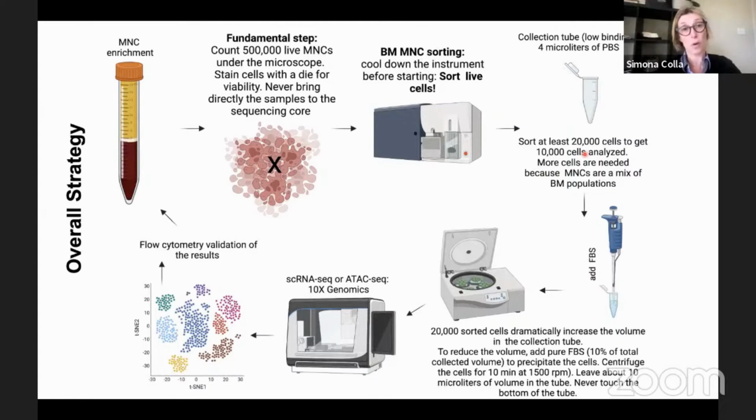This is the reason why we were successful, at the end, not at the beginning. Then you centrifuge your cells, 10 minutes, 1500 RPM, and you bring them to the core. You get your data. But again, you need to come back to the flow, because this is not enough for a good publication. You need to reconfirm your data, not using sorting anymore, but using flow cytometry.